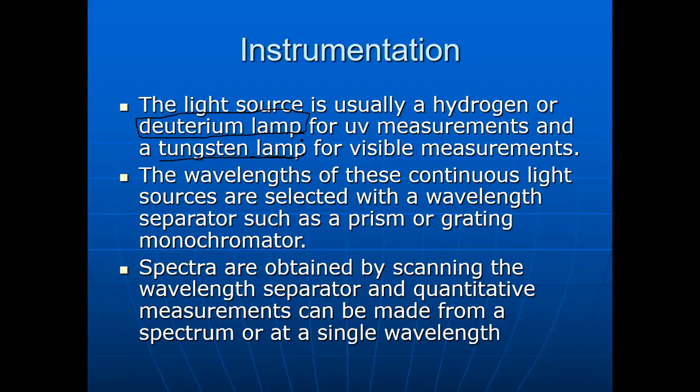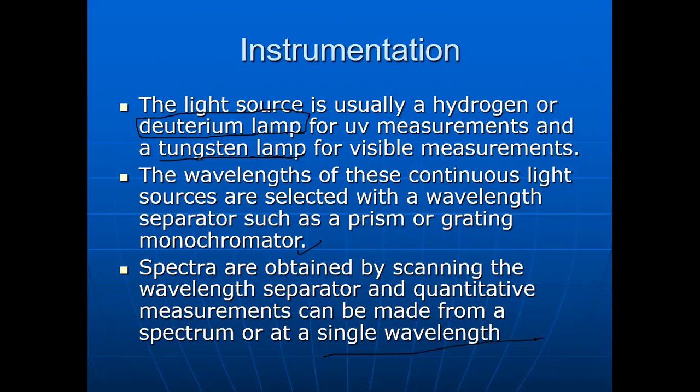The wavelengths of this continuous light source are selected with a wavelength separator using a prism or grating monochromator. Simple, students. Either they will use a prism or a grating monochromator to get a particular wavelength. Spectra are obtained by scanning the wavelength separator, and quantitative measurements can be made from the spectra at a single wavelength.